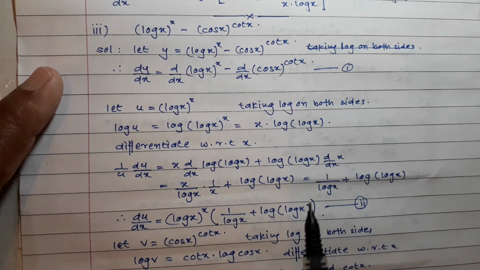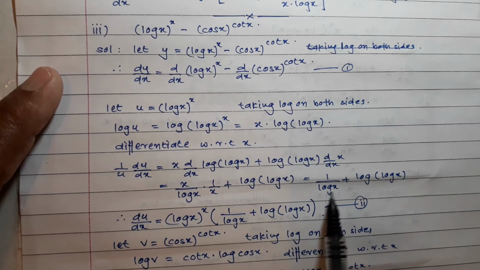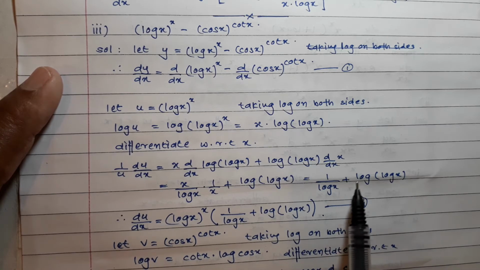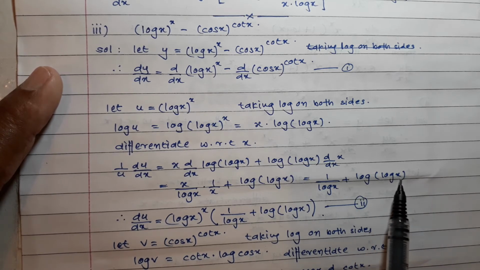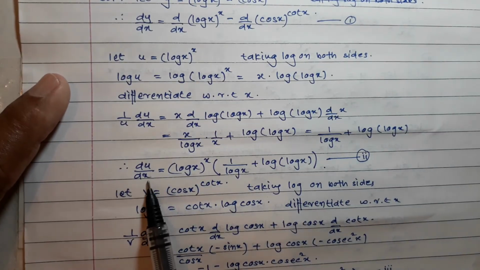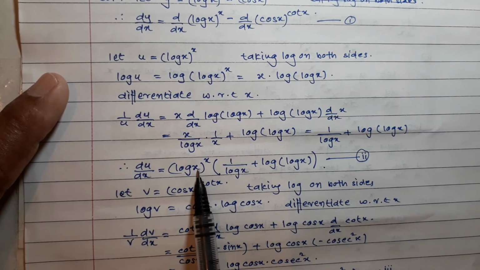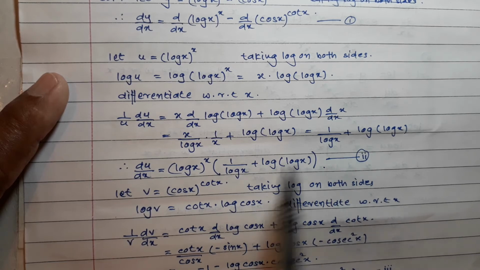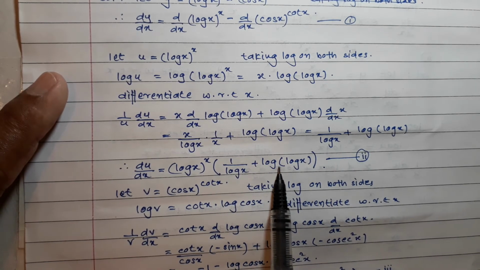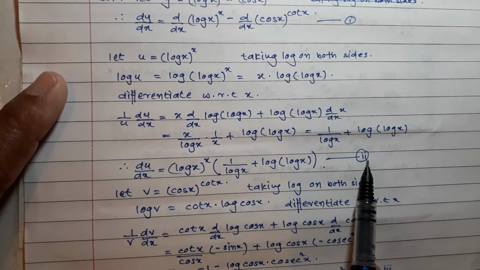Derivative of x is 1, so it is equal to 1 upon log x plus log log x, and therefore du/dx is equal to (log x)^x into bracket 1 upon log x plus log log x. Suppose this is number 2.